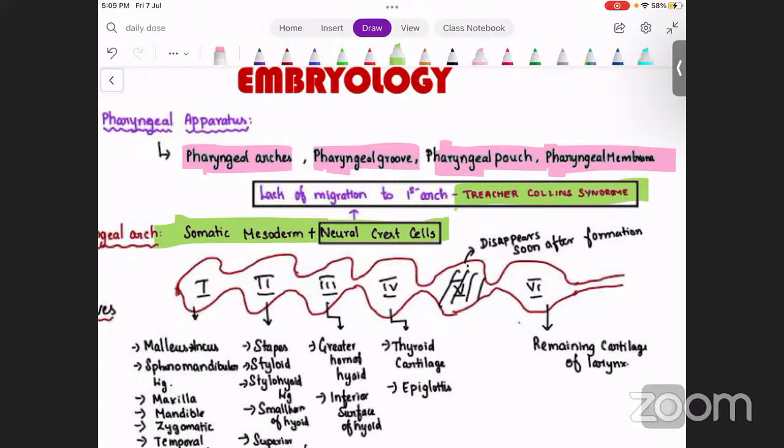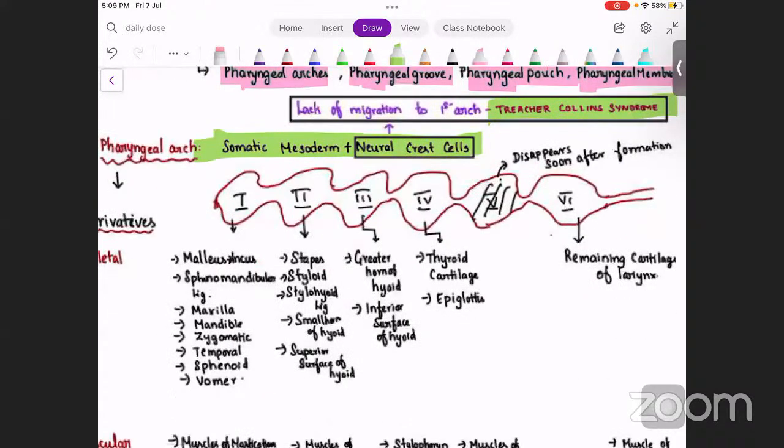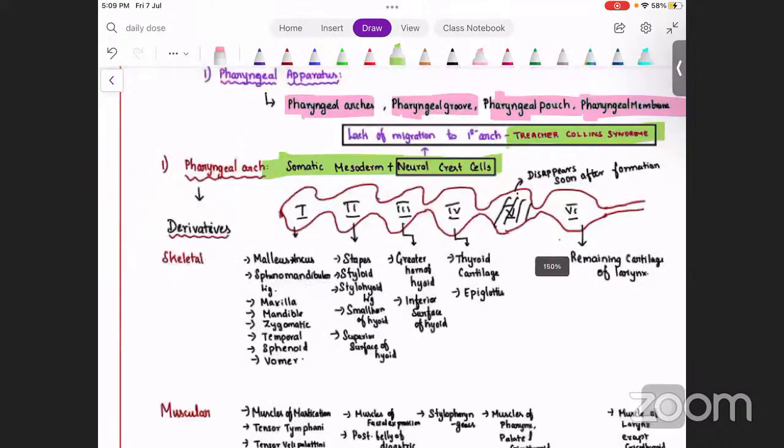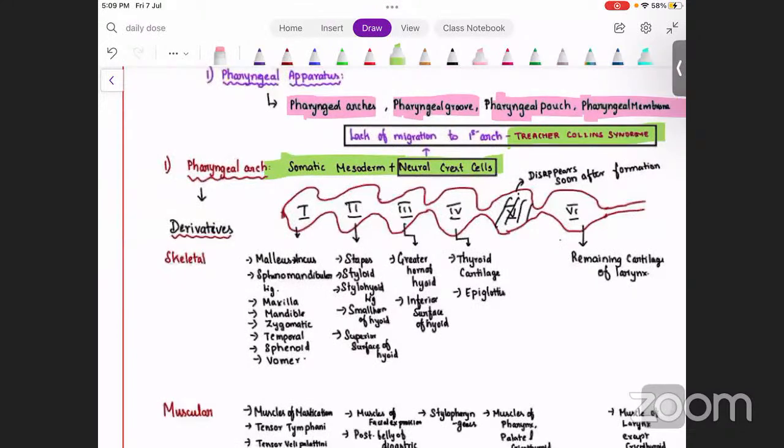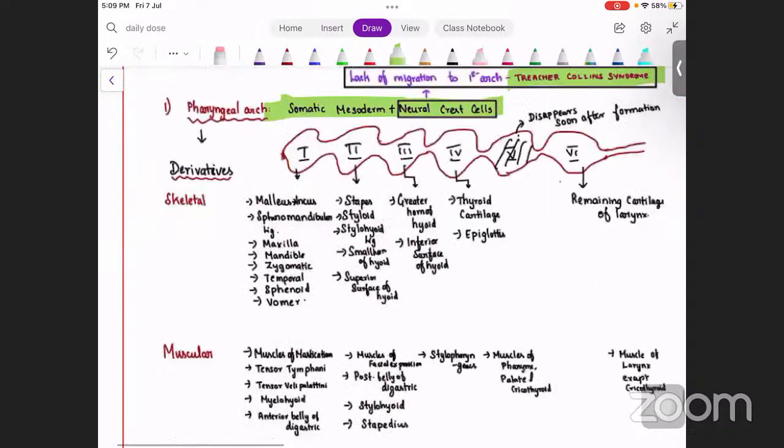Now, speaking about the derivatives of your pharyngeal arch. In total, we have 6 pharyngeal arches. Among them, the 5th disappears soon after formation. So we can say pharyngeal arch 1, 2, 3, 4, and 6.